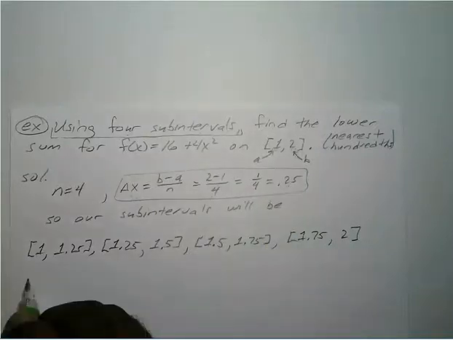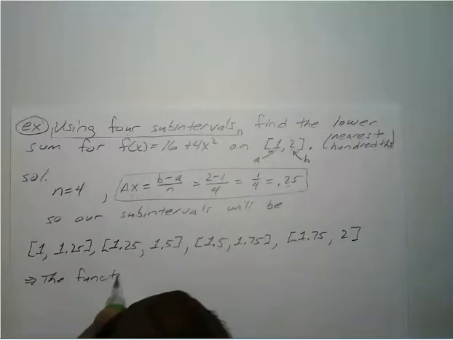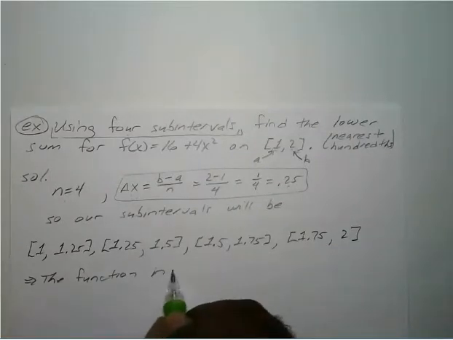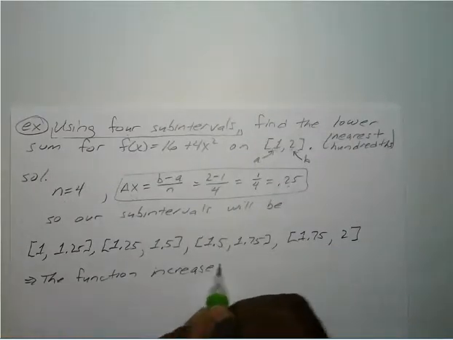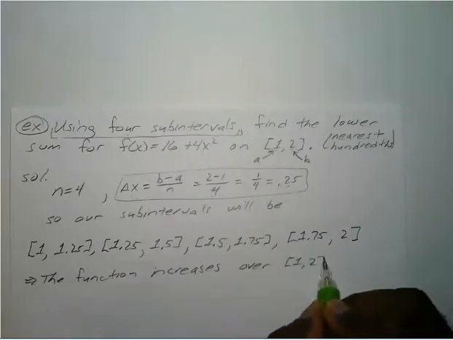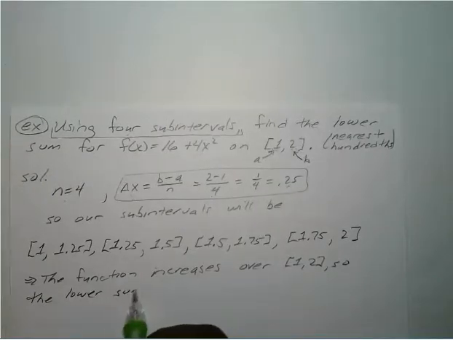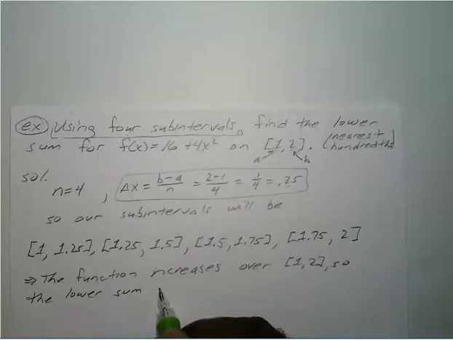So we know that the function increases over the interval from 1 to 2. So the lower sum uses left endpoints.